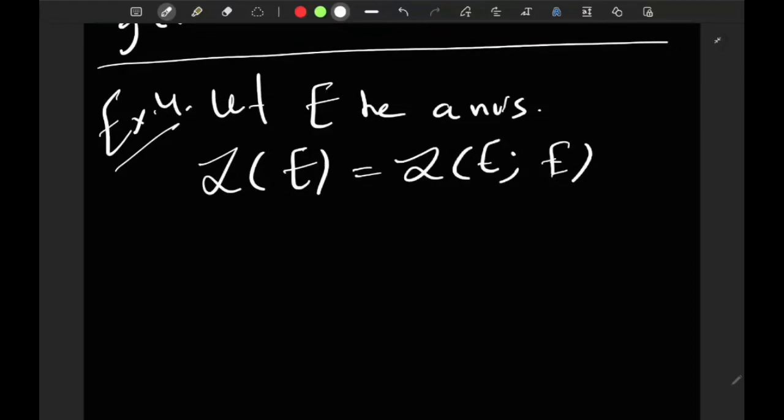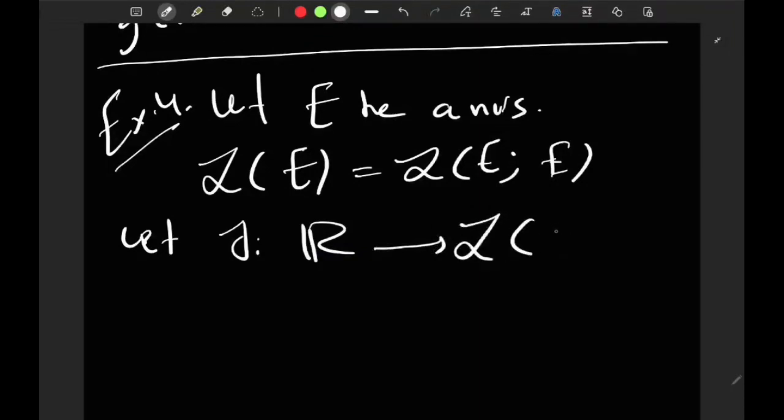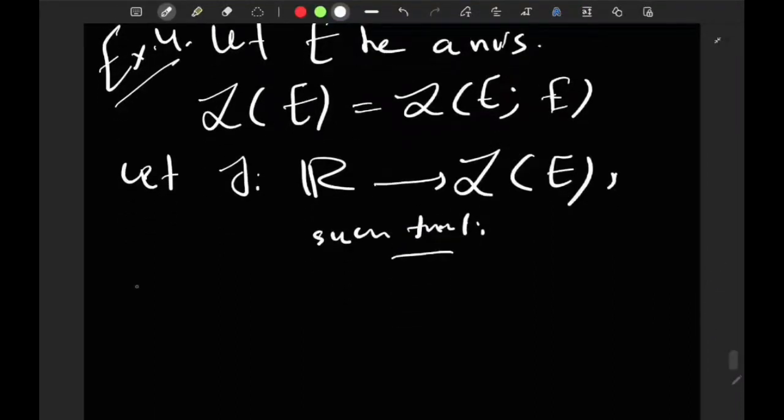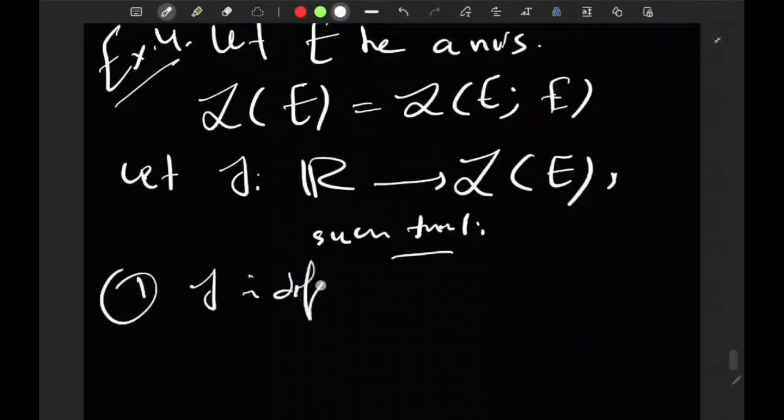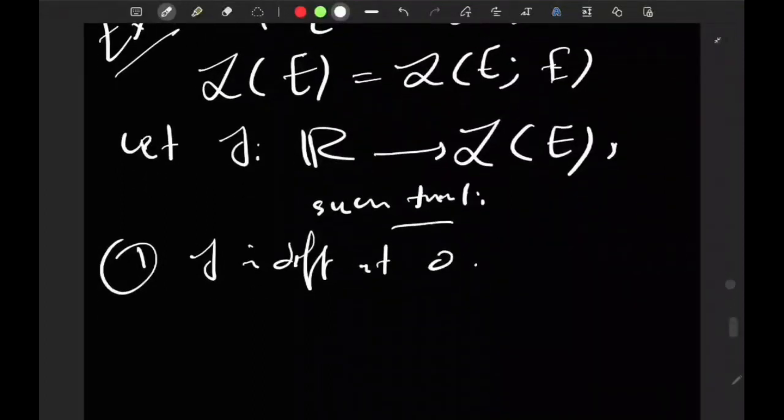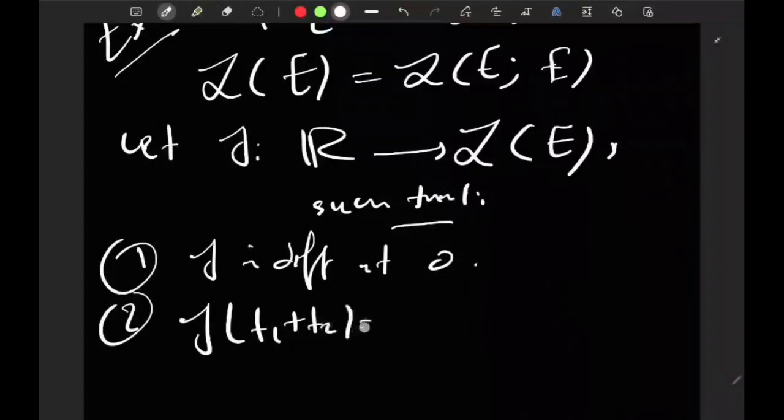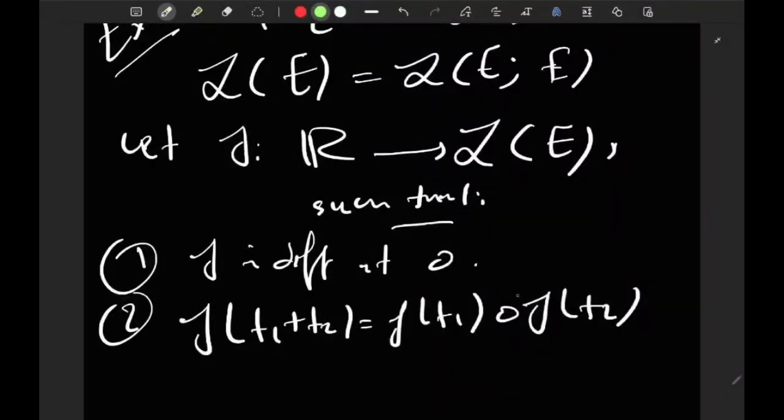And let f be a map from R to L of E, so f is defined on all of R, such that, first of all, f is differentiable at 0. Second of all, f of t1 plus t2 equals f of t1 composed with f of t2, composition of functions.